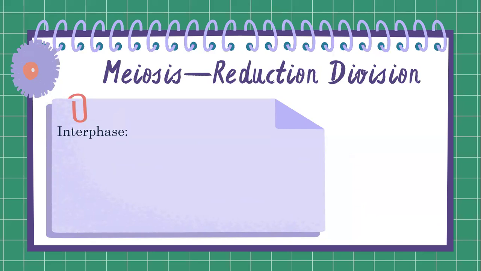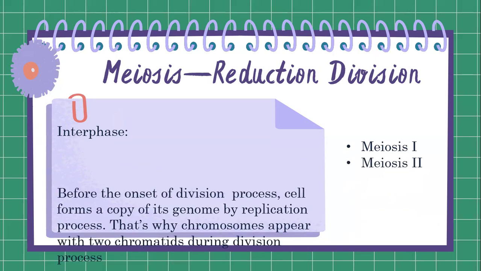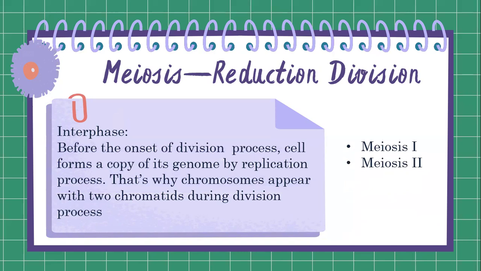It starts with the interphase. Meiosis, by the way, has two rounds of cell division, meiosis 1 and meiosis 2. So before meiosis 1, obviously a cell has to go through the interphase. Do you know what interphase is? It is a phase in which the cell is going to replicate its chromosomes.